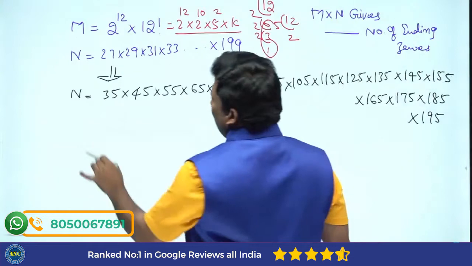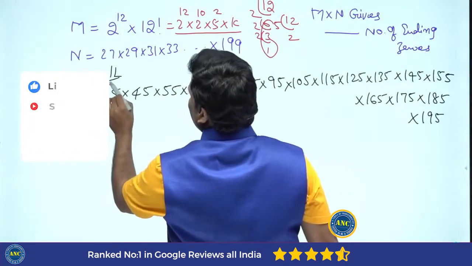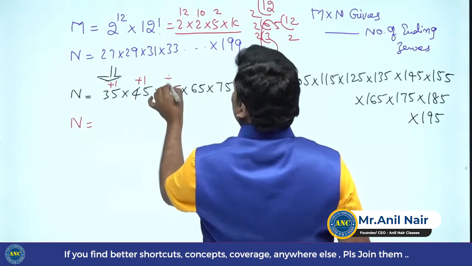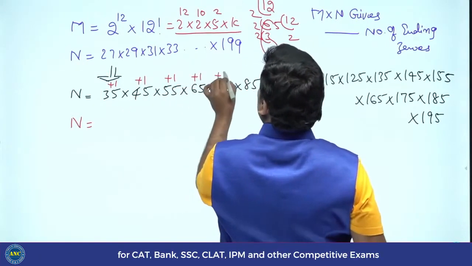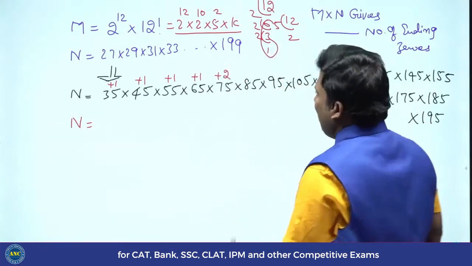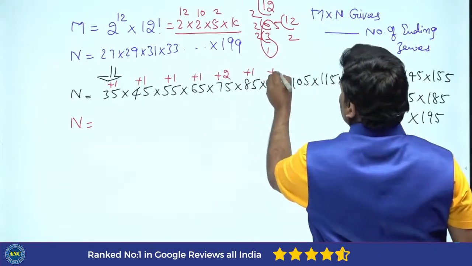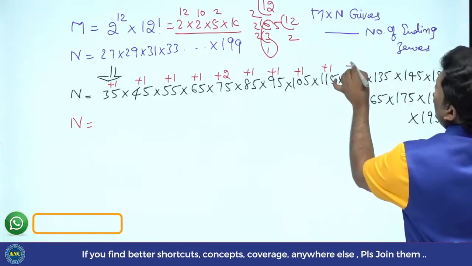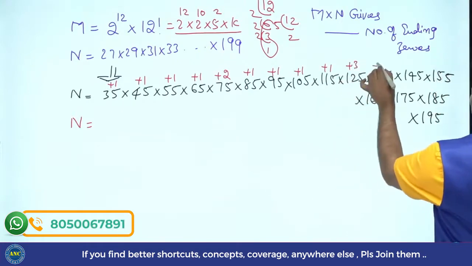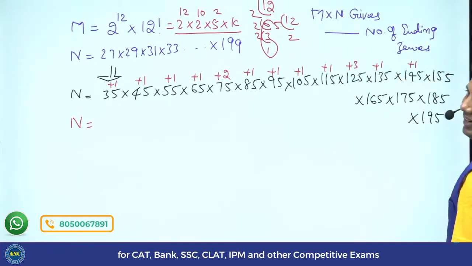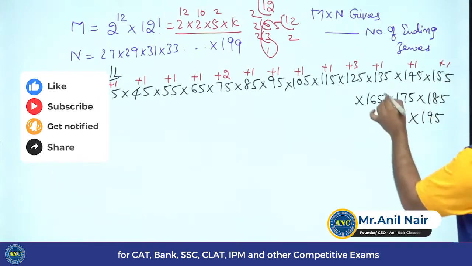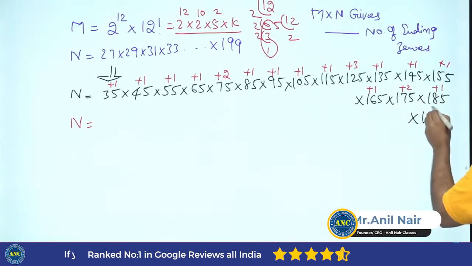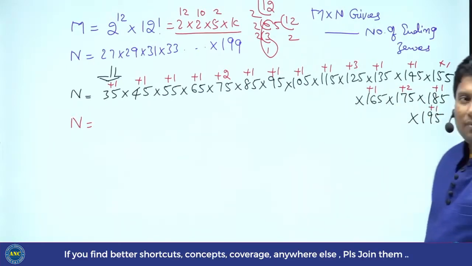N is, how many 5s are there? Let us see. 5 7s are 35, one multiple of 5. 5 9s are, 5 11s are, 5 13s are, 25 3s are 75, plus 2. 5 17s are, 5 19s are, 5 21s are, 5 23s are, 5 cube is 125, plus 3. 5 27s are, 5 29s are, 5 31s are, 5 33s are, 25 7s are 175, 5 37s are, 5 39s are.